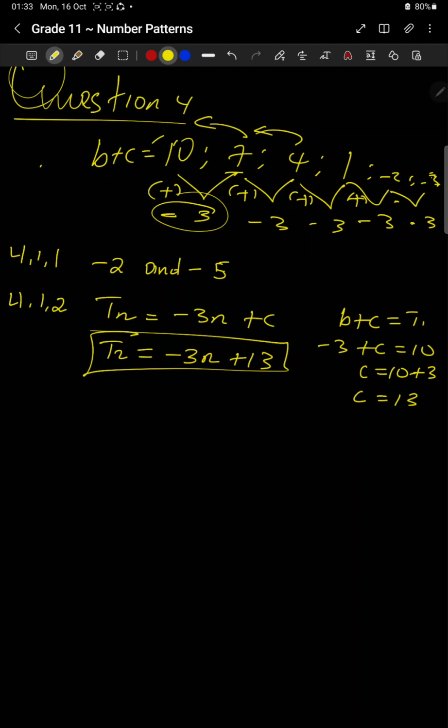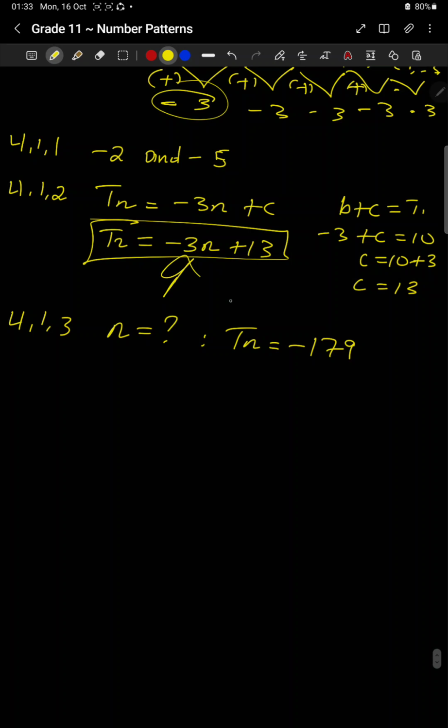The next one, 4.1.3, says which term of the sequence is equal to -179. When they say which term, that means we're looking for n, and therefore Tn will be -179.